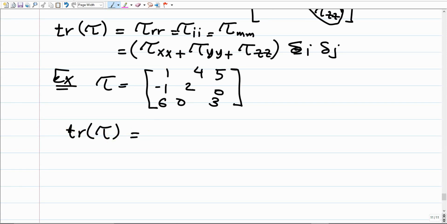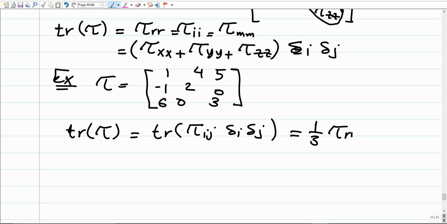The tensor tau is tau ij, delta i, delta j. This is the tensor in terms of its components, and we are interested in its trace. So the trace should give us one third of tau rr delta i delta j.